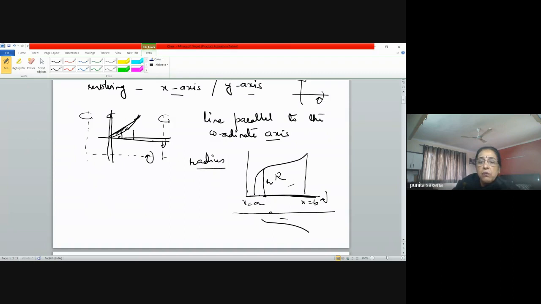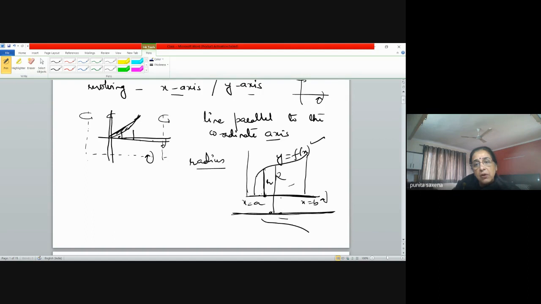When you measure the radius, if the radius was governed by the function y equal to f(x), then measuring from the x-axis, yes, the radius is f(x) only, because it is measured from this point to this point. But when you are measuring from here, that means you have translated your axis. Now this line becomes your x-axis.